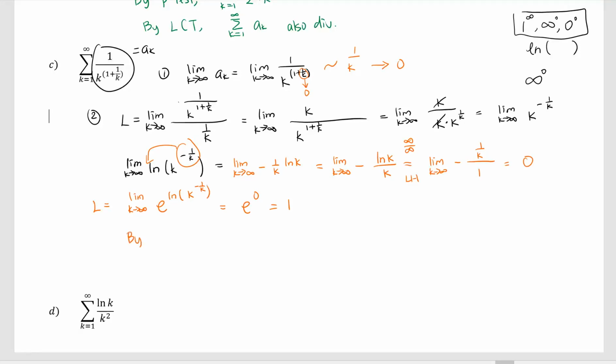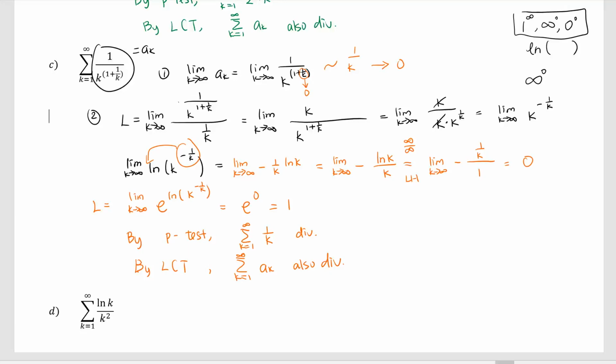By the P test, let's look at our P series, 1 over k. Our P series diverges, and then by the limit comparison test, our series also diverges.